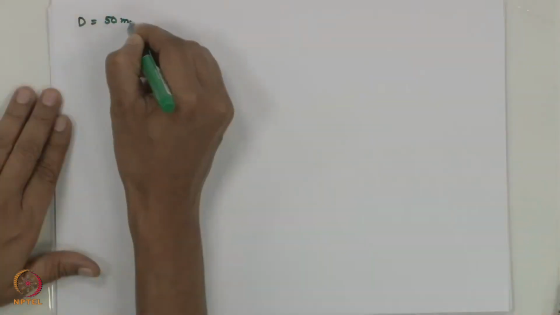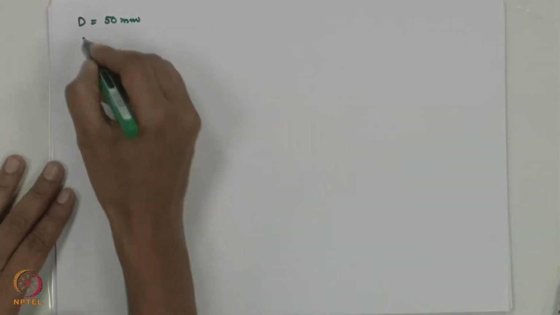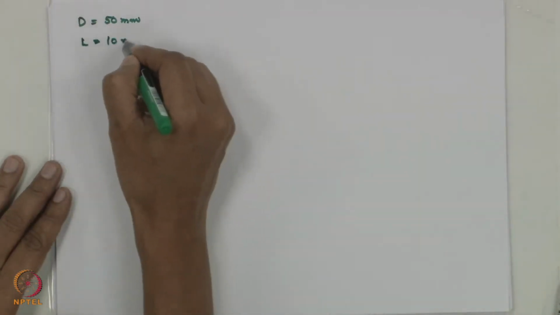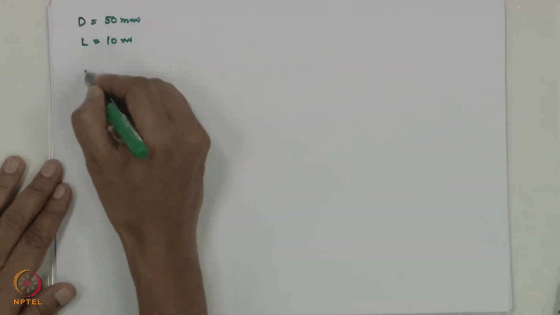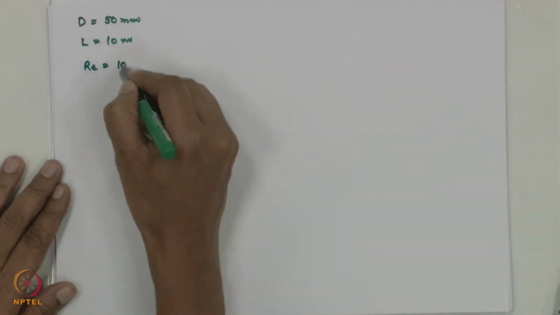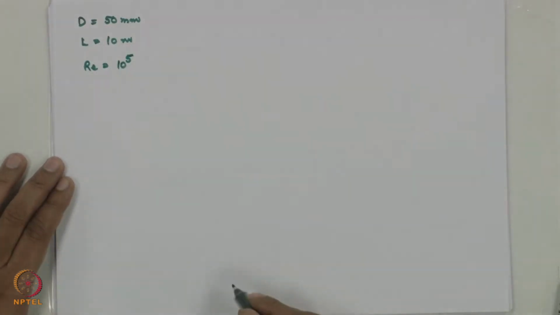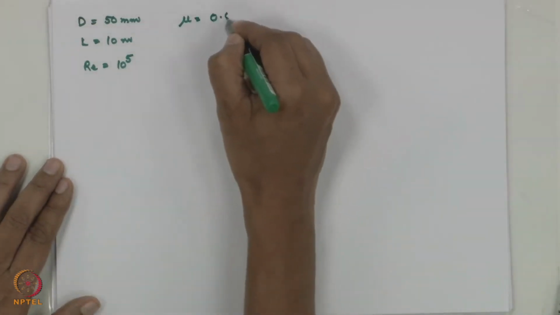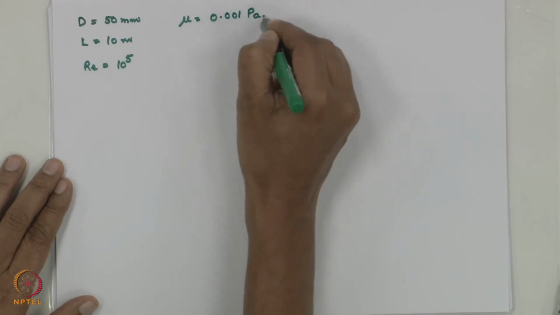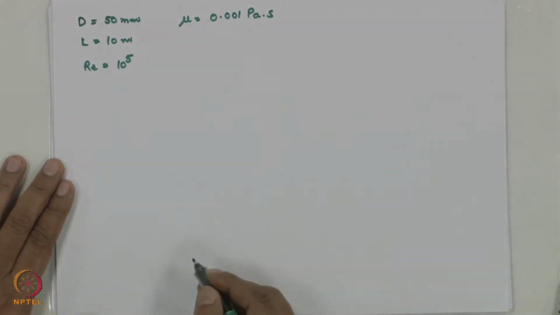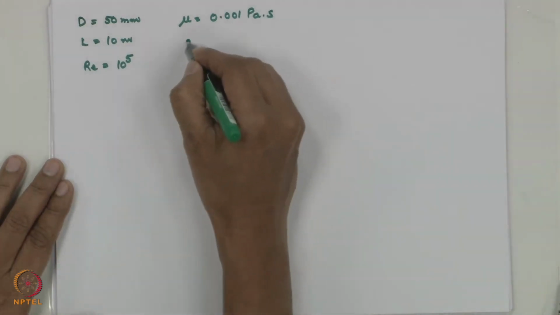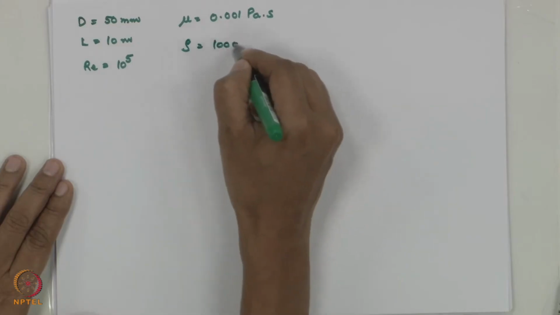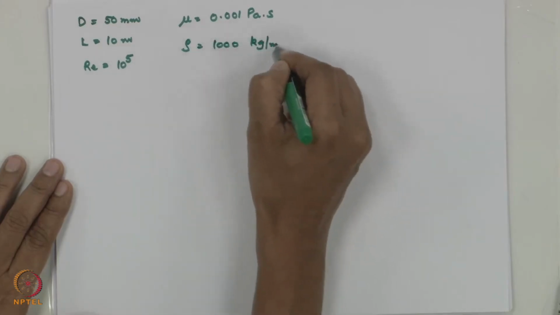Diameter equal to 50 mm, I have just taken a 2-inch pipe. Length as 10 meters. Reynolds number I have taken 1 lakh, 10 to the power of 5. And viscosity of water I am taking as 0.001 Pascal second, and density as 1000 kg per meter cube.